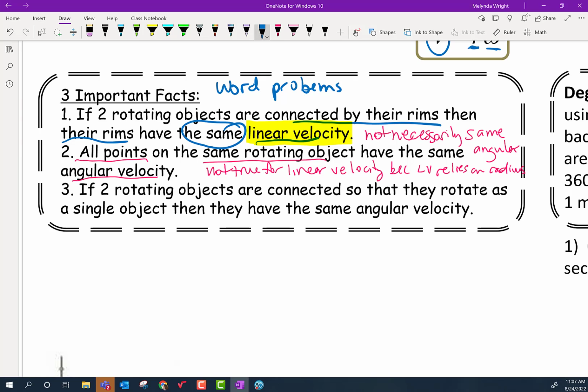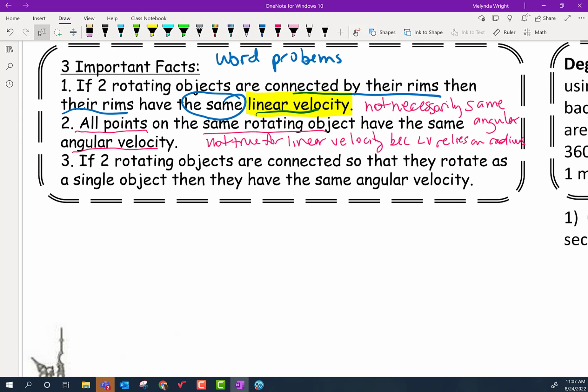Let's say most of you are driving a car, or you've been in a car sometime in your life, right? There's a tire and there's a wheel. Now, I'm not talking about the fancy new kind of wheels that turn differently.